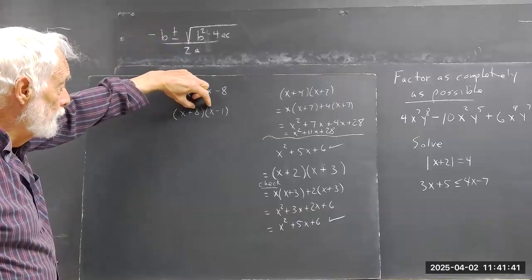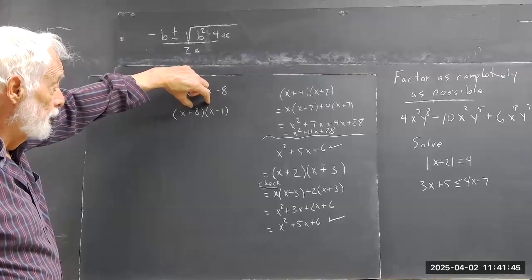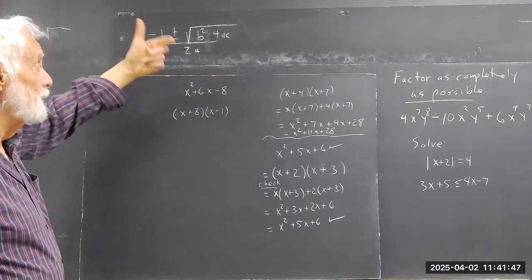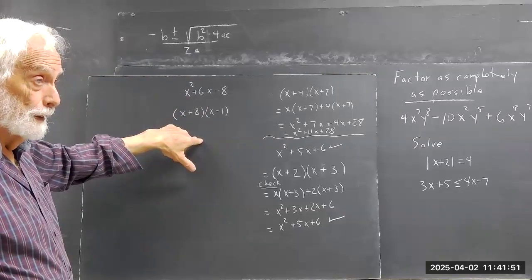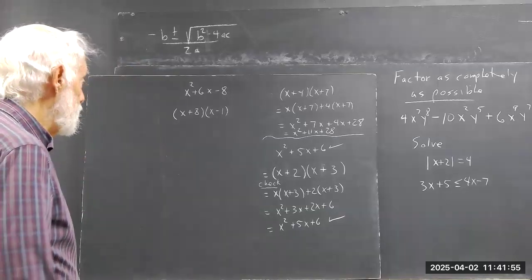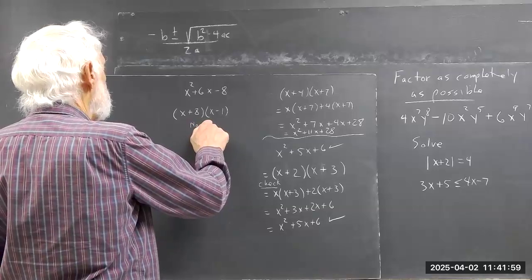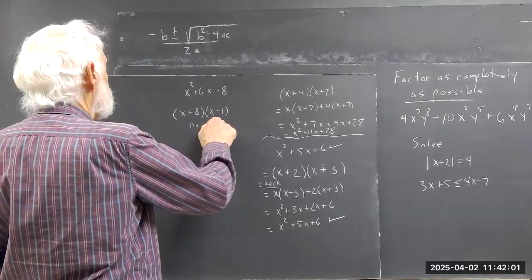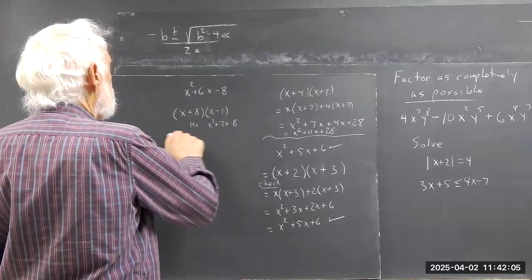No, because the 8 times x and the negative 1 times x will give us 8x minus x, which is only 7x. If that was 7x, we'd have hit it. Okay? But this gives us x squared plus 7x minus 8.